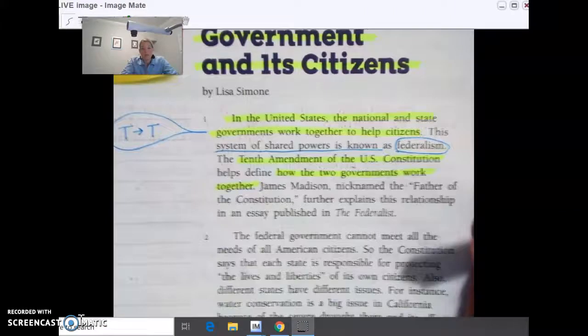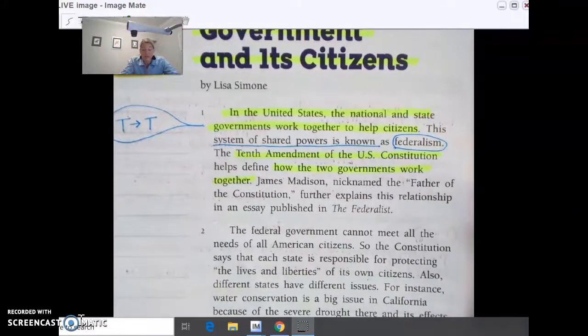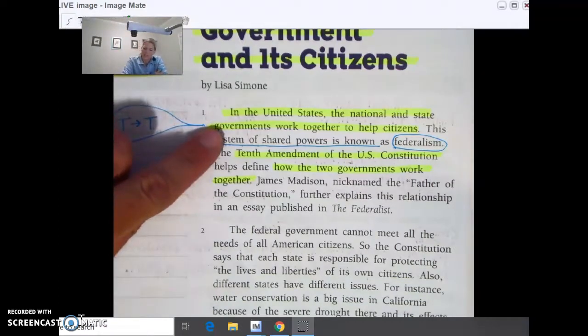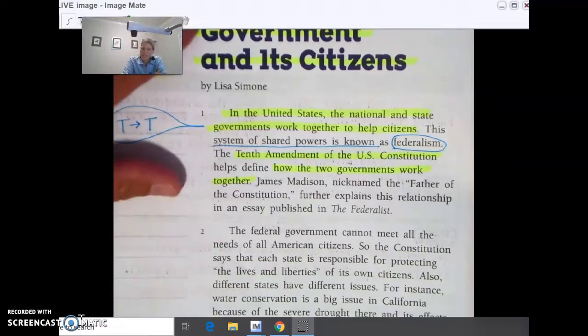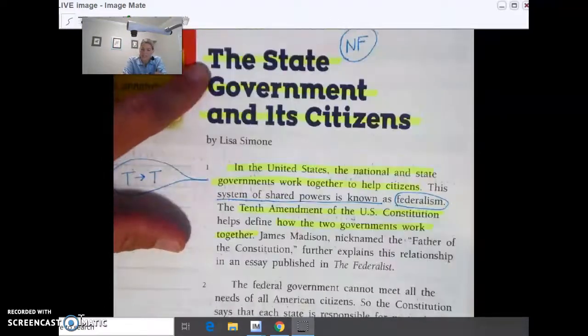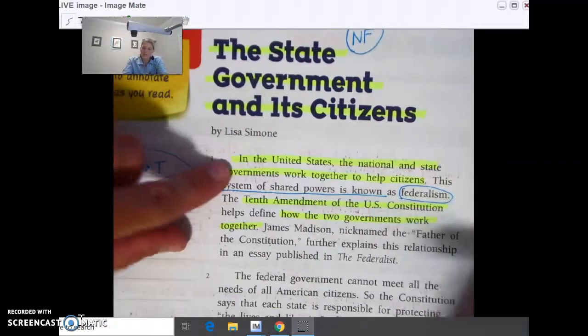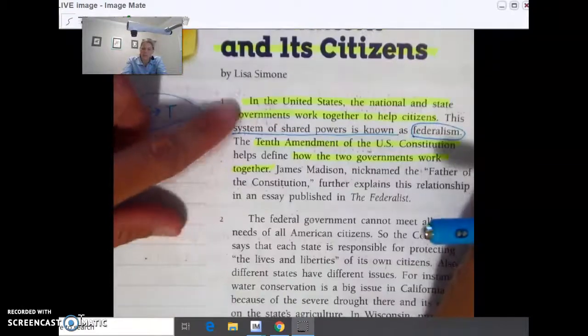Now, every week we talk about the main idea of each paragraph, then the main idea of the whole text, and those supporting details. In this paragraph, we talk about a few different things, and I don't notice a main idea stated in the beginning or the end. The first sentence talks about how the governments work together to help their citizens, but the title is The State Government and Its Citizens, so I don't think that's necessarily the main idea of this paragraph.